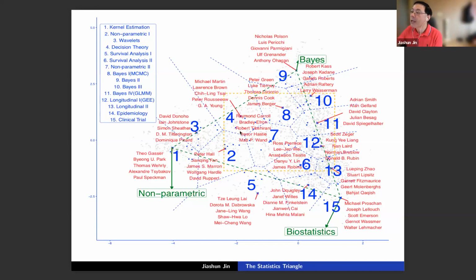So this is the statistical triangle. It illustrates that in statistics there are 3 primary research areas, and you can divide it into a number of sub-areas. For us, we recommend 15 based on this data set. We don't think this 15 is very accurate, but we do think this 3 is pretty accurate. Time may change.